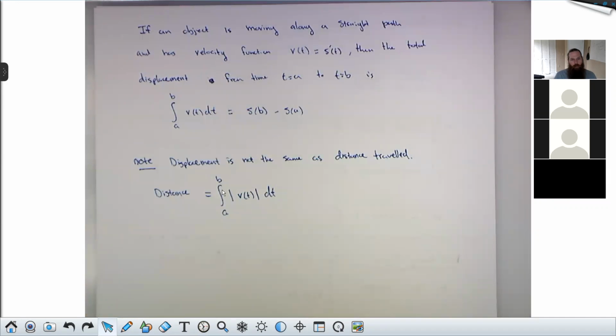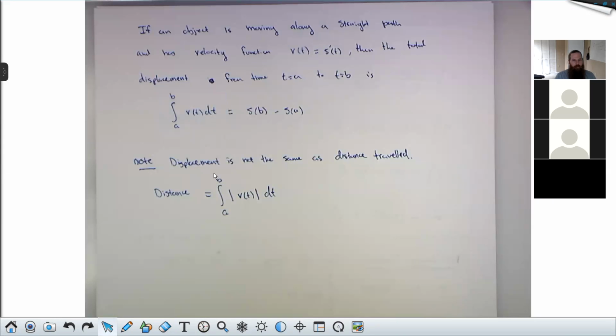The reason this displacement integral would come out to 0 is because sometimes this velocity function is positive when I'm moving in the positive direction, and if I'm moving in the negative direction, that velocity function is negative. In other words, some of the area being measured here, if you think about the graph, could be above the x-axis, could be below the x-axis, or I guess in this case, t-axis.